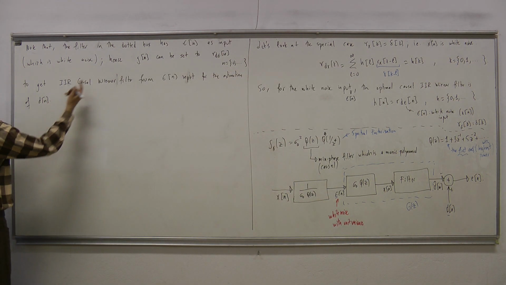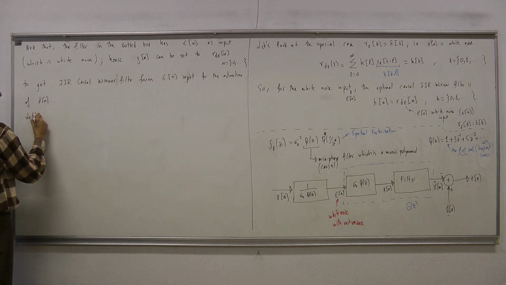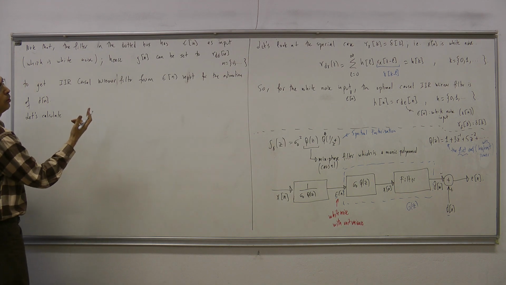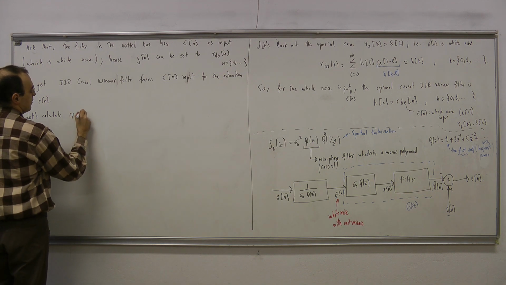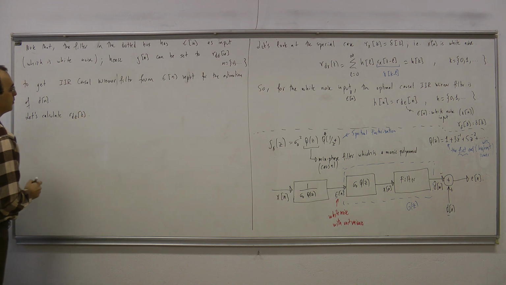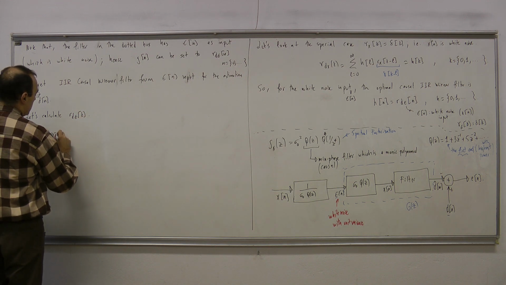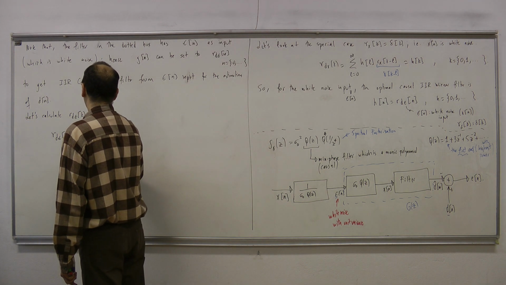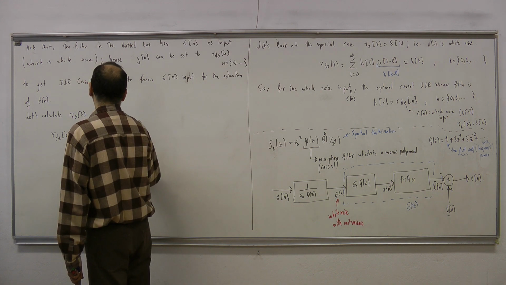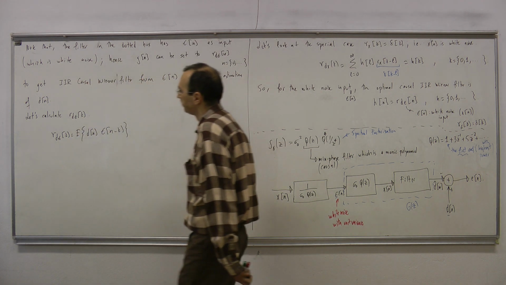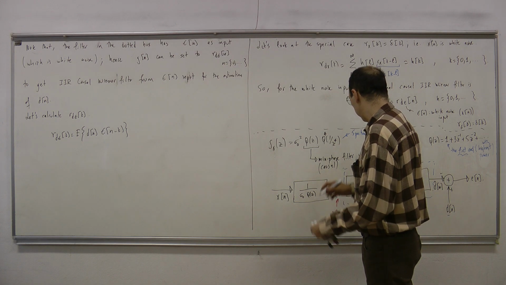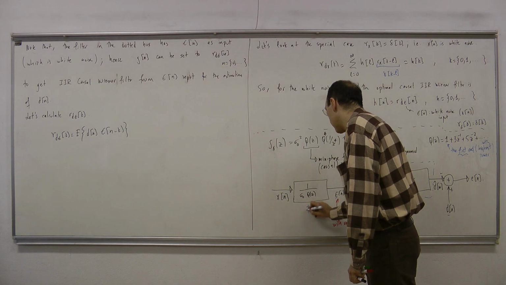So let me then calculate this, rd epsilon of n. Let's calculate, because I don't know anything about rd epsilon n right now. Rd epsilon k is the expected value of d of n epsilon n minus k. Okay. That is it. Well, let me call this filter f of c.